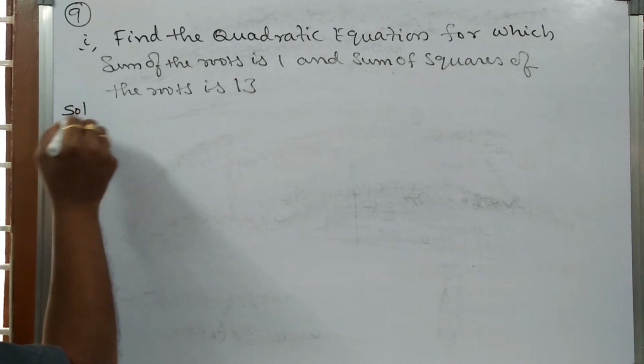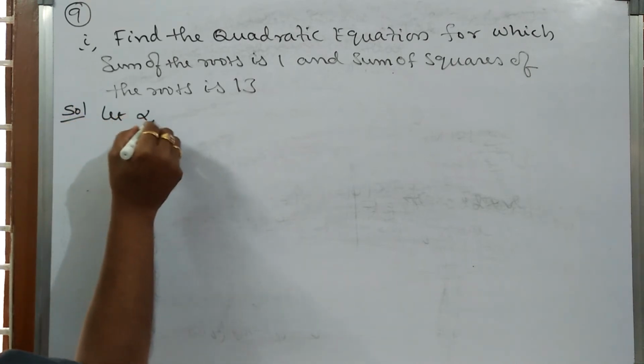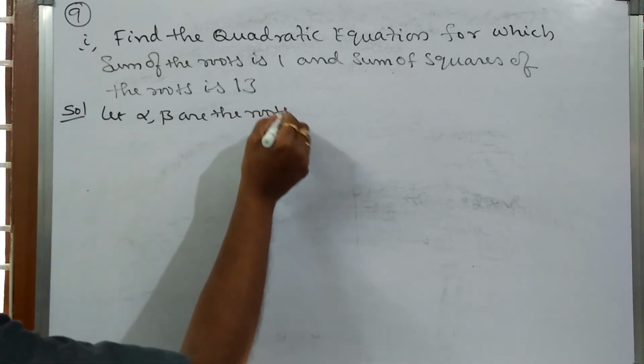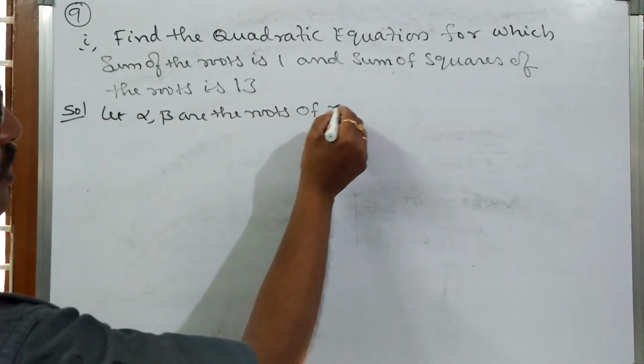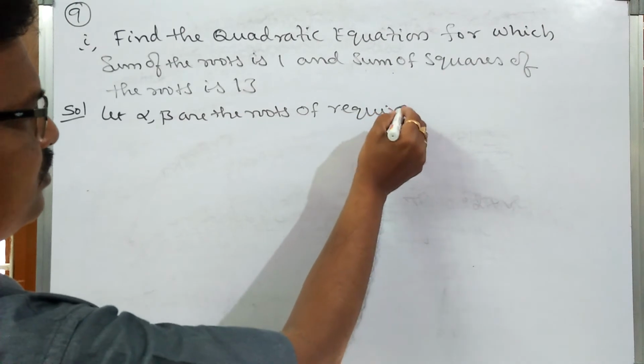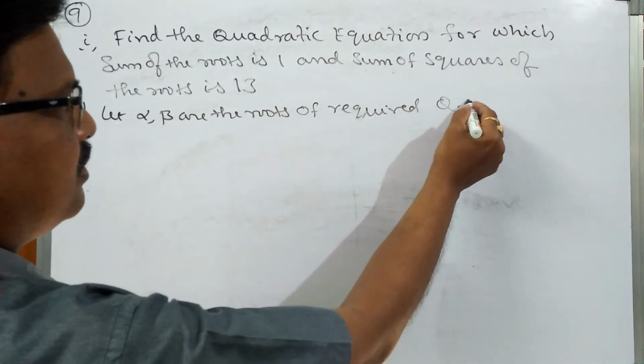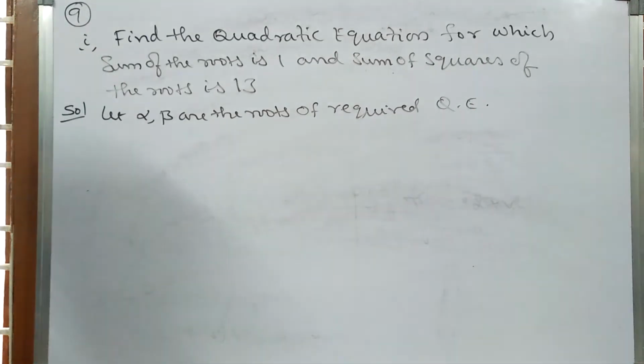Let us take the solution. Let alpha, beta be the roots of the required quadratic equation.